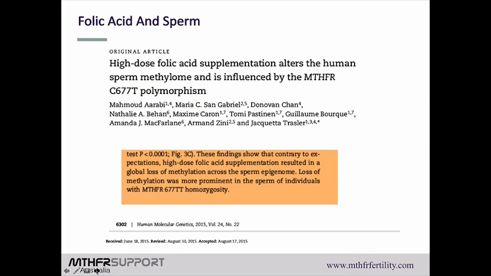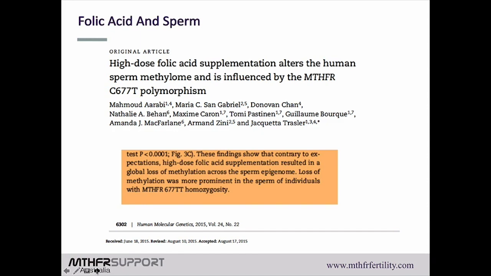From a fertility standpoint, this particular article in Human Molecular Genetics absolutely blew my mind because the standard protocol, and many of you would know this, for IVF fertility centres, for high-risk pregnancies or high-risk individuals for miscarriage, is 5 milligrams of folic acid. Now that's 5,000 micrograms.